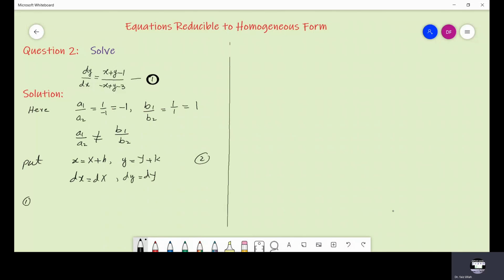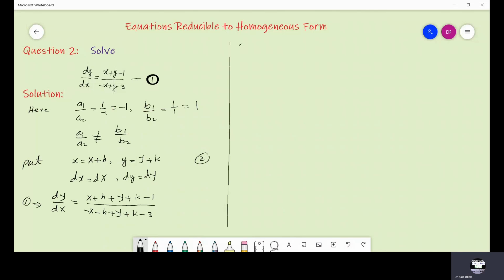So equation 1 becomes dY/dX is equal to (X plus h plus Y plus k minus 1) divided by (minus X minus h plus Y plus k minus 3).